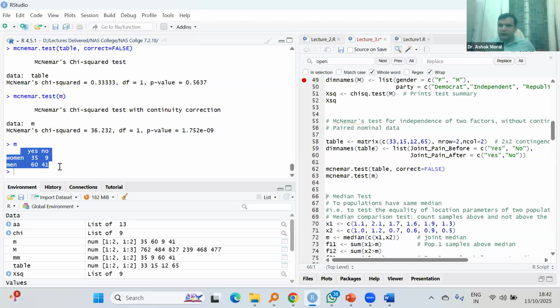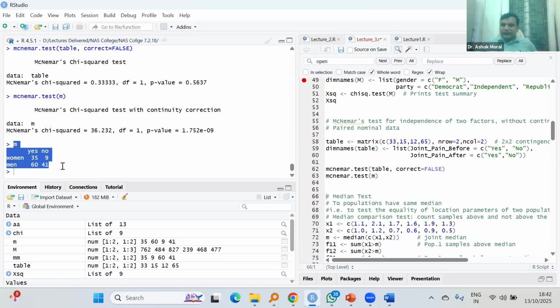Because this M is not a paired categorical data set. It is categorical, but not paired. So we should not apply this McNemar test to this small m. Why so? Because small m is this data set: woman, man, and yes, no.